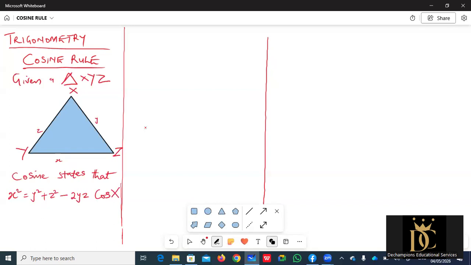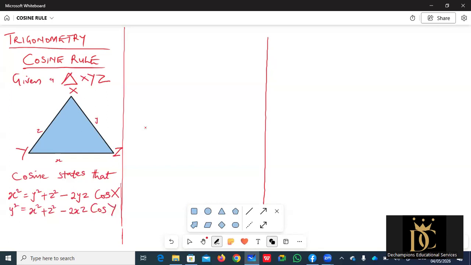Now, if you are asked to find y, y square will be equal to x square plus z square minus 2xz cos y. So this is the formula you will use if you want to find side y.